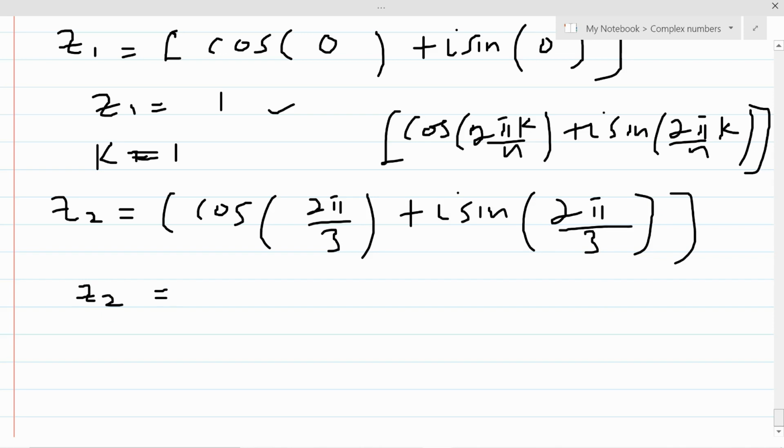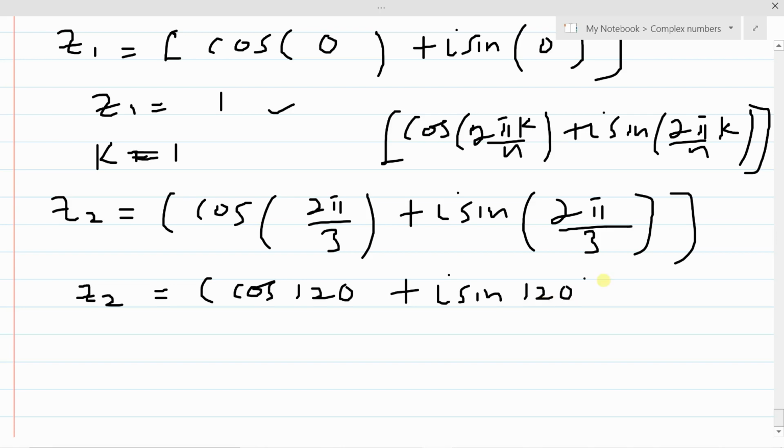Pi is 180, so 2 pi over 3: 180 over 3 is 60, times 2 is 120, so it becomes cos of 120 plus i sine of 120.